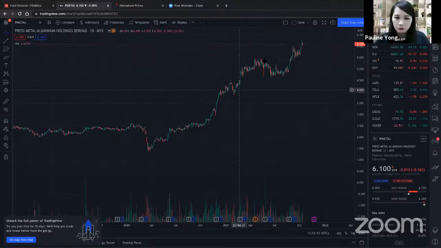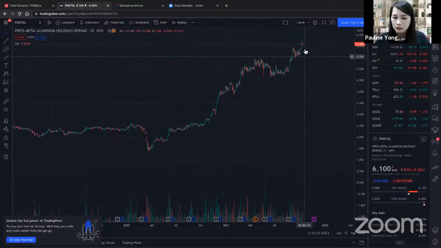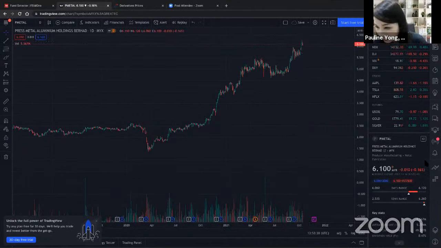So this is wave number 3, and this is the 5th wave. So this one will be the 5th wave for Press Metal, and it's still going up.